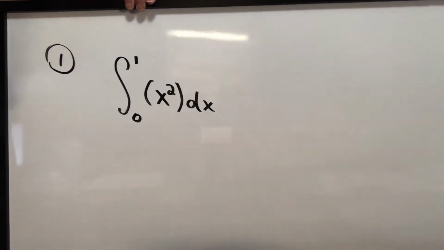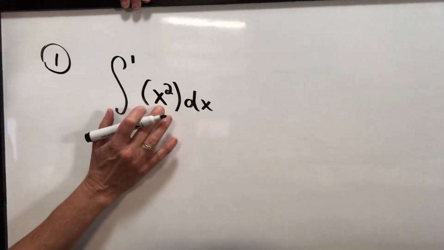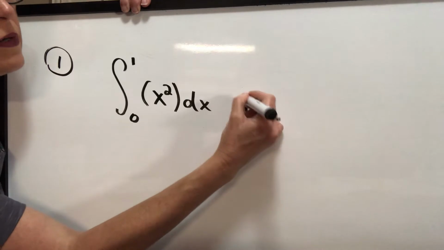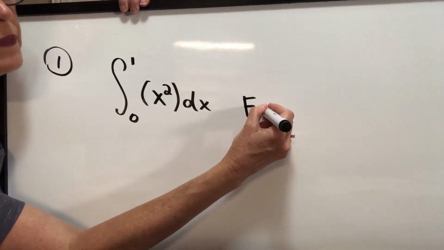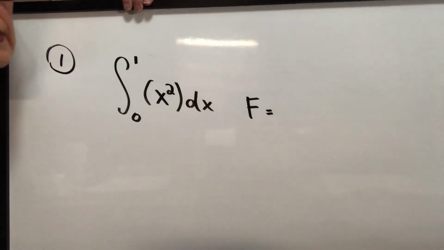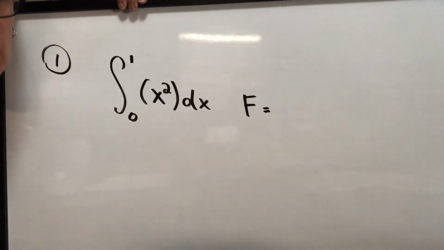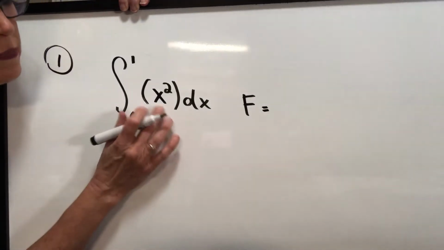Okay, so the first thing you're going to do is find the antiderivative of the function x squared. So we covered this before we left for break. So the antiderivative of this function is, so you might need to look at the anti-differentiation rules that I sent you in the attachment. But this is just a polynomial.